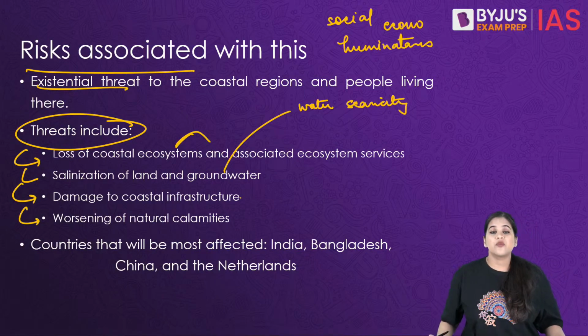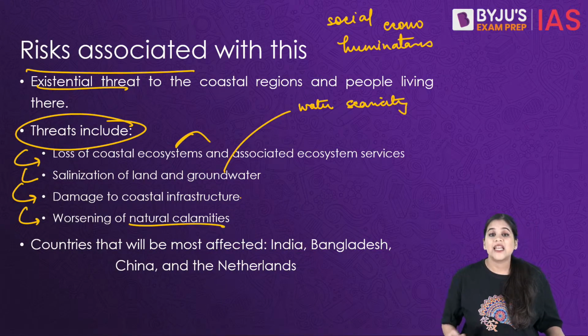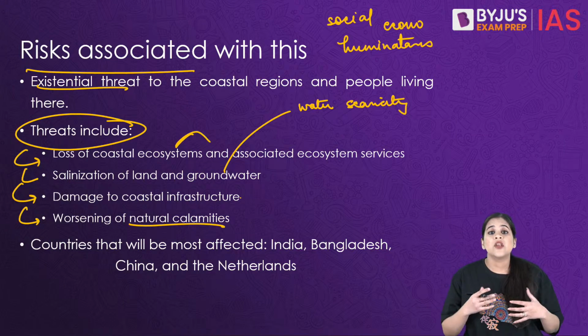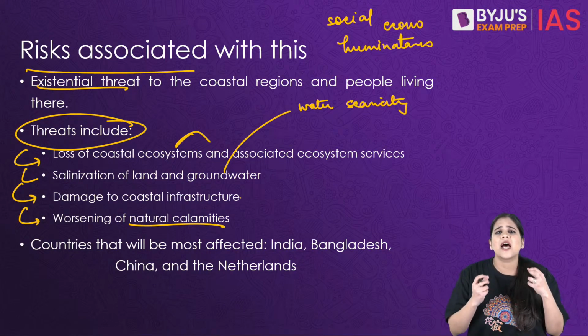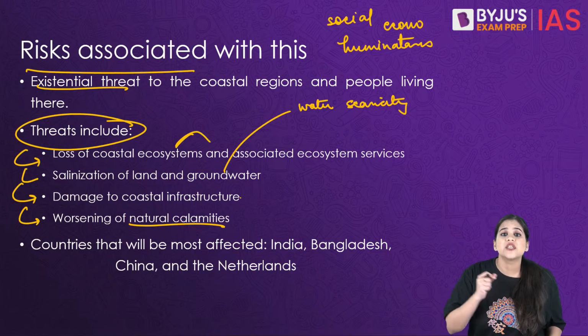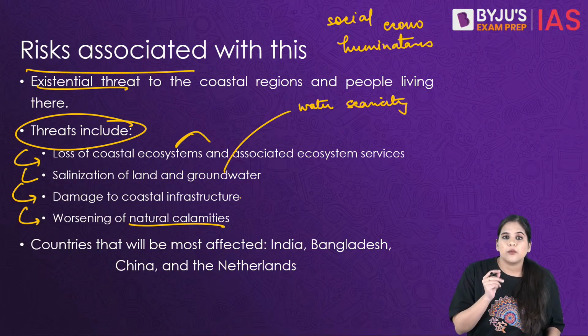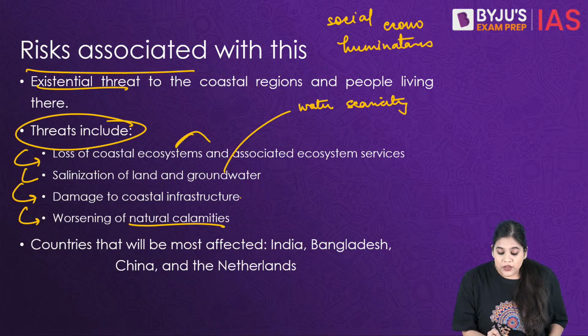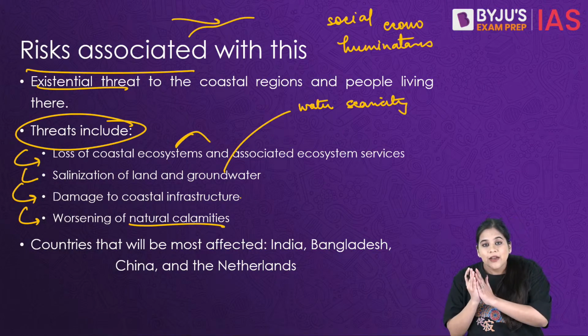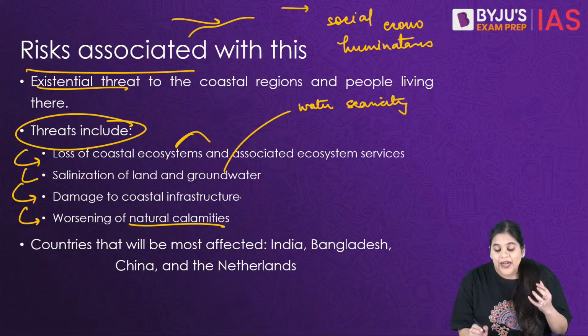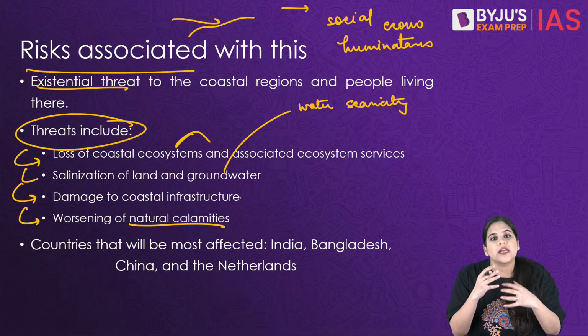There will also be worsening of natural calamities. We have already seen that the number of extreme climatic events has been increasing over the past years. Now they will further increase with sea level rise, because the sea will move inland, and more inland areas will be inundated with water.